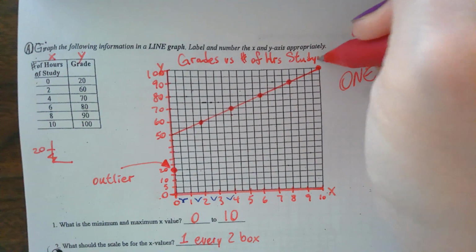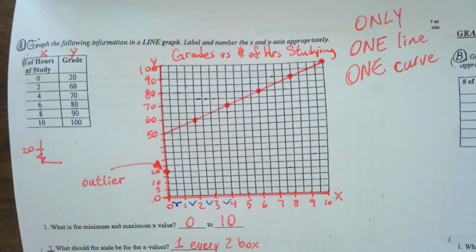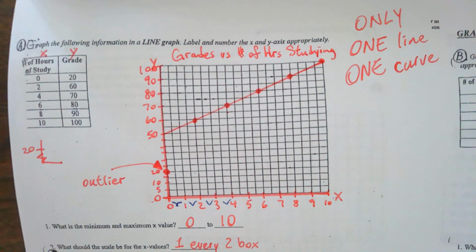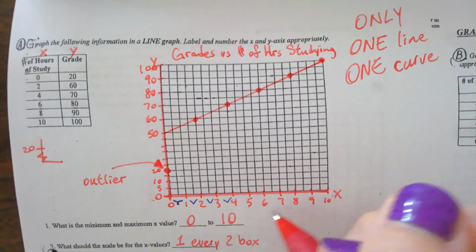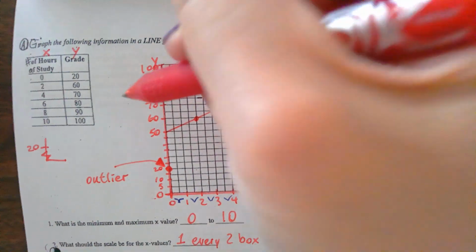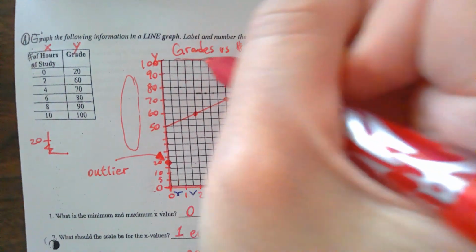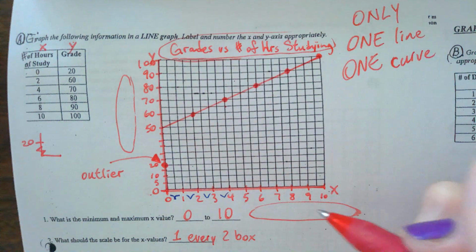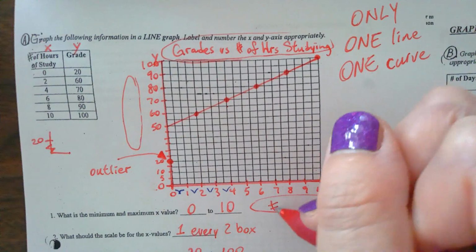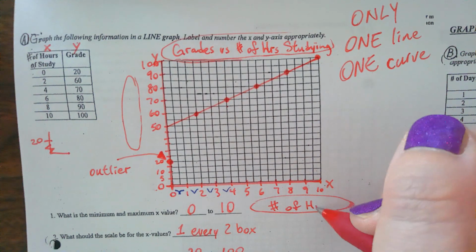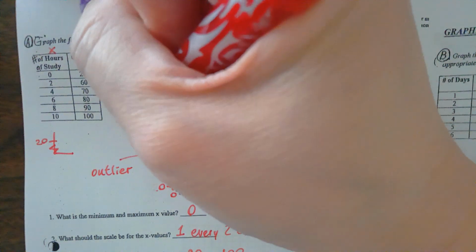Now do I get full marks? Why not? Right, I still need a title for my X and Y axis as well. Right, so there's 3 titles. This one, and this one. So number of hours and grades.